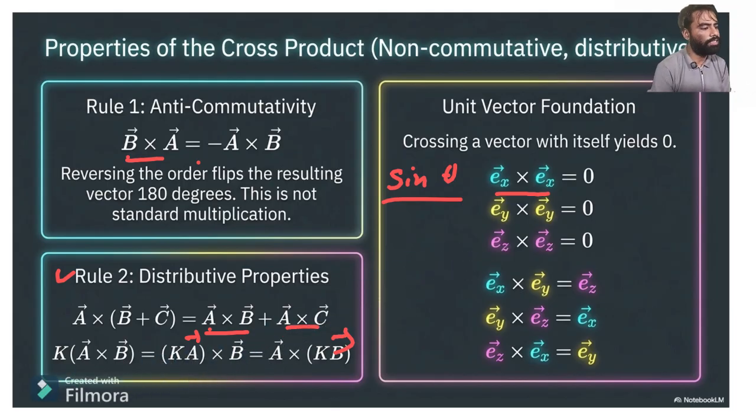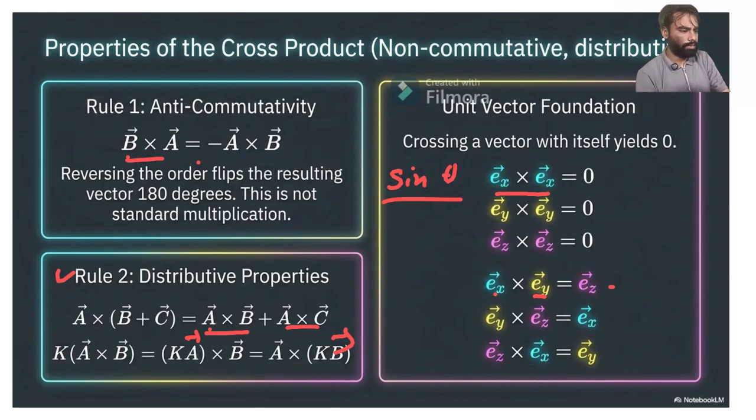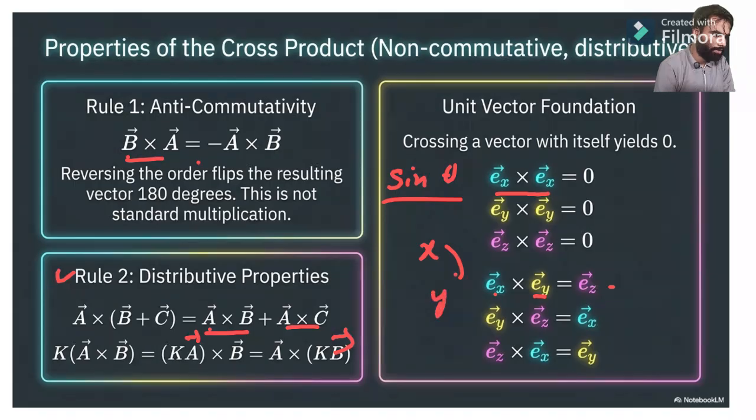Instead, if it is a perpendicular vector, the resultant will be perpendicular to both of them. Something like ex cross ey, the unit vector along the x-axis and the unit vector along the y-axis. If you find the cross product, you will get ez. It is like a circle: x is there, y is there, and z is there.